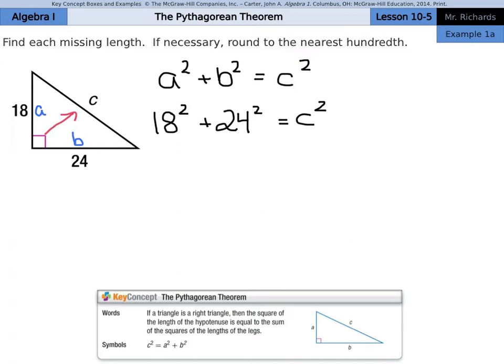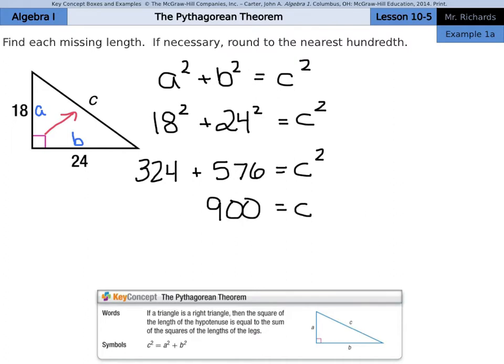That order for this type of question does not matter since they're both legs. 18 squared is 324, plus 24 squared is 576, and that's going to equal c squared. The sum of 324 and 576 is 900, equals c squared.